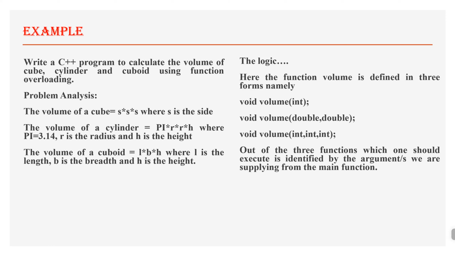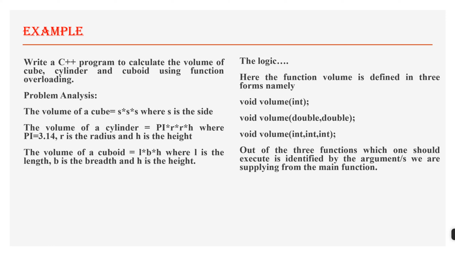This I am declaring during the class. Void volume integer. What does it mean? I will take only one value, that is S, from the main program through this argument, and then I will find out the volume by multiplying that argument 3 times. S into S into S, or S cube.